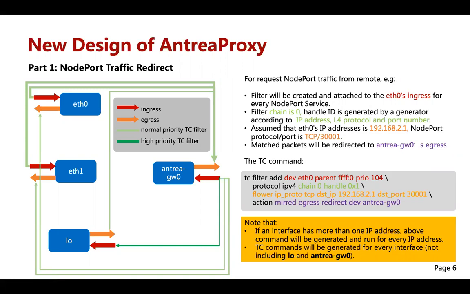By default, the filter will be put on prio 0. The handle ID is generated by a generator according to the NodePort IP address, layer 4 protocol, and the NodePort port number. These three factors can ensure that the handle ID is unique. When deleting the NodePort service, the handle ID is used to index the filter and delete it. Then what the filter does is redirect traffic to the Antrea gateway's egress.